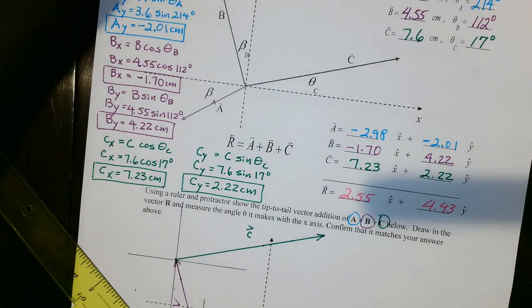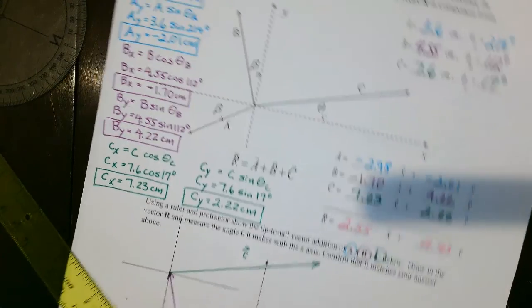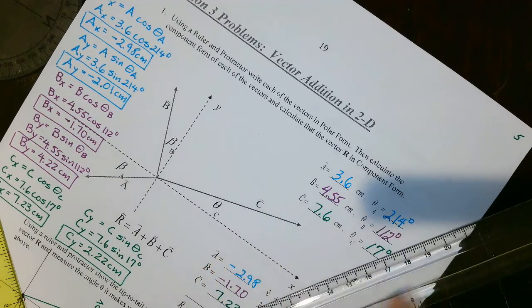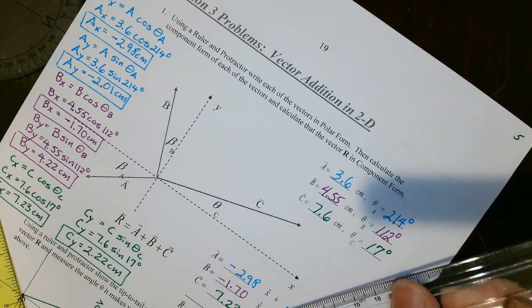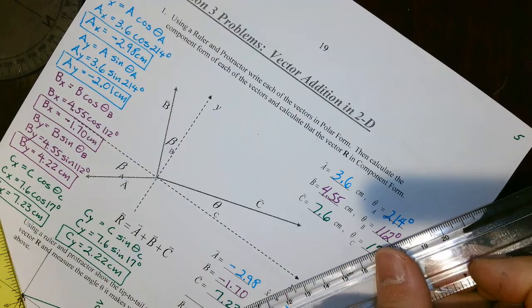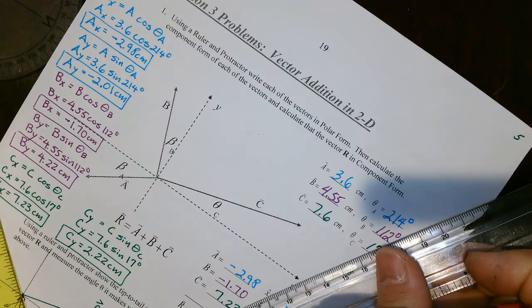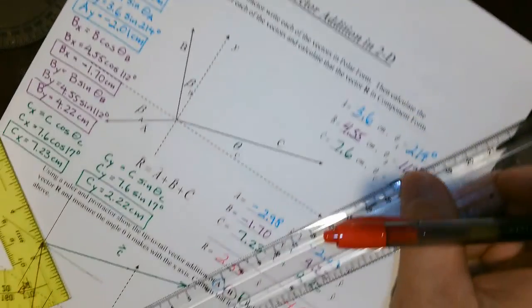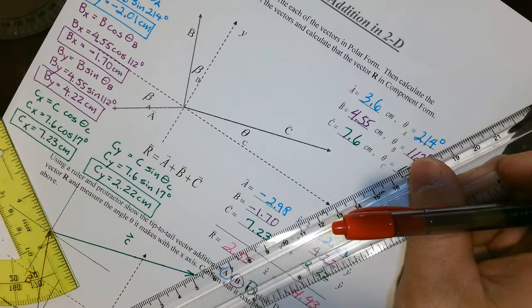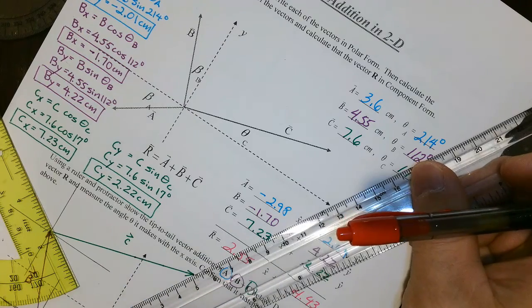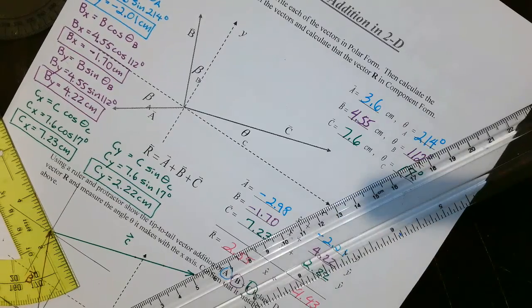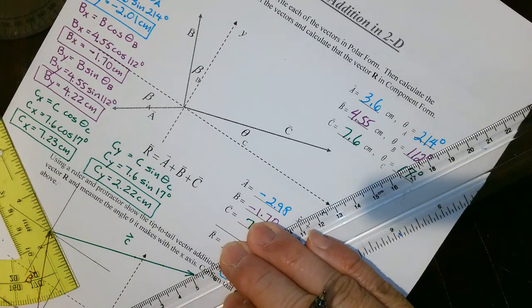So my resultant will be from the origin to here. It looks like about 5.15 centimeters along that direction.